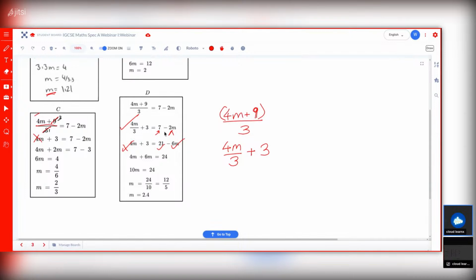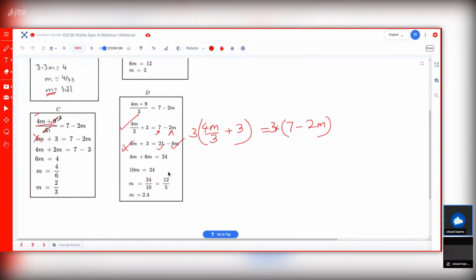So here, technically you're multiplying both sides by 3. That's how we make sure an equation is consistent. So when you multiply by 3, 4m over 3 plus 3, that side is multiplied by 3, and also the other side is multiplied by 3. Both sides.